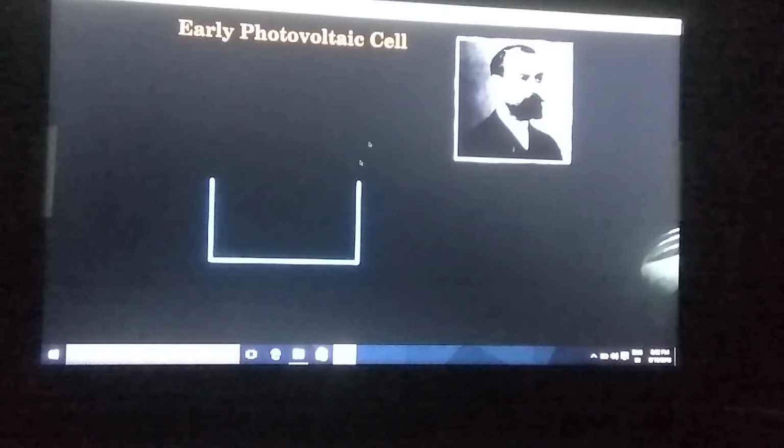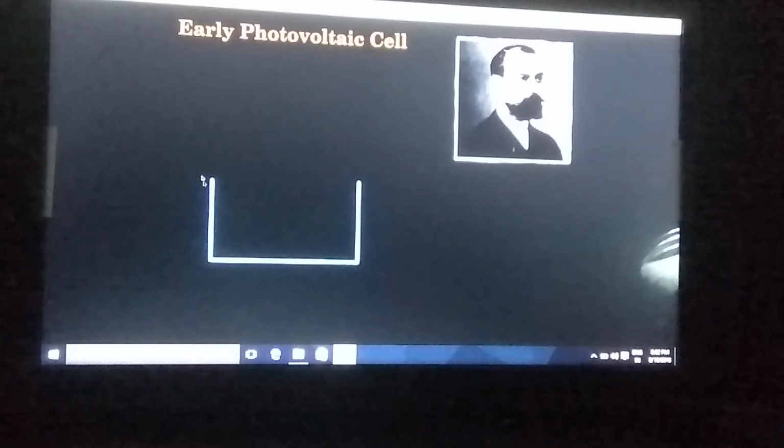Now, if you look at the early photovoltaic cell made by Edmund Becquerel, it consists of a container, and it was painted black so that it traps light. It was filled with an acidic solution. It had two electrodes, and the electrodes were coated with silver chloride.